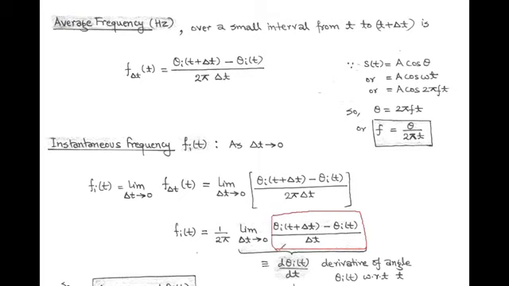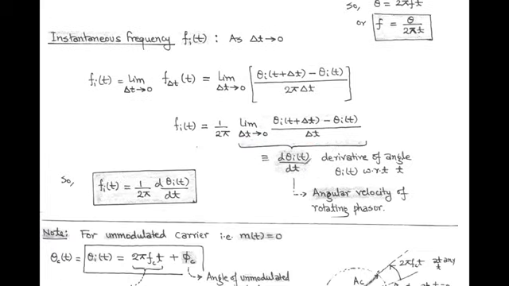Here we take 1 upon 2 pi outside the bracket, and the bracket with the limit is called the derivative of the instantaneous angle with respect to time. This equals d theta_i upon dt, which is nothing but the angular velocity of the rotating phasor, and its unit is radian per second. So we can say that the instantaneous frequency f_i of t equals 1 upon 2 pi d theta_i upon dt.